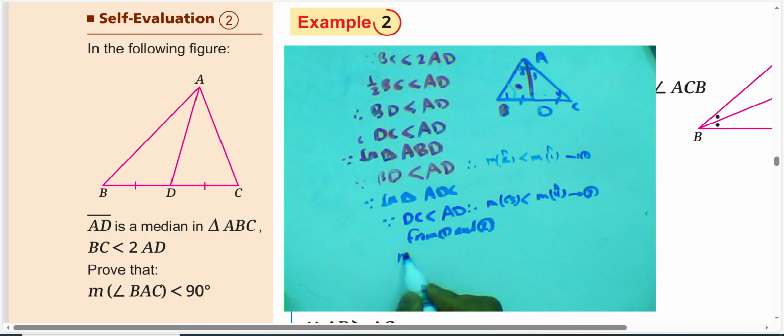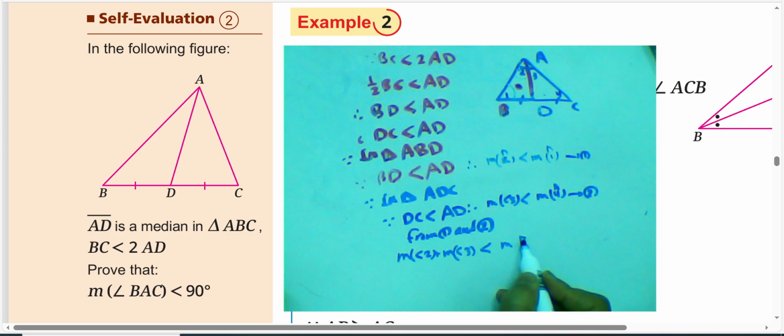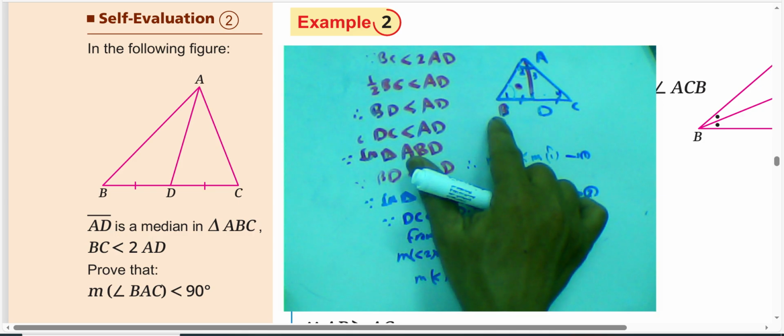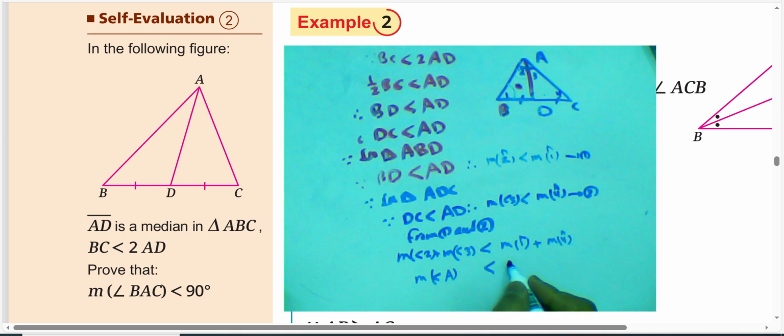The measure of angle 2 plus the measure of angle 3 is less than the measure of angle 1 plus the measure of angle 4. We add together 2 and 3, it gives me angle A. Less than the summation of angle 1 and angle 4, meaning less than the measure of angle B plus the measure of angle C.